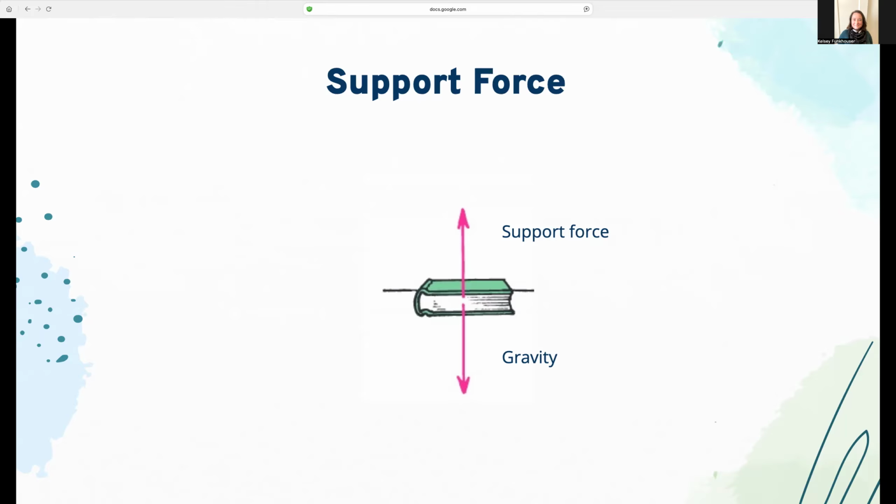But it's also called the support force. So on this book, we have the force of gravity pointing down, and the support force pointing up. And since this book is in equilibrium, these forces should be the same size but pointing in opposite directions, so that the net force, or total force, on the book is 0.